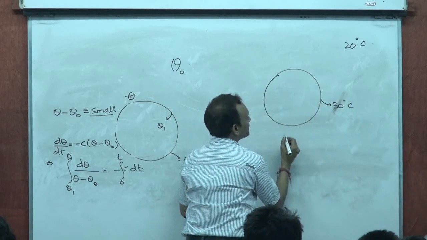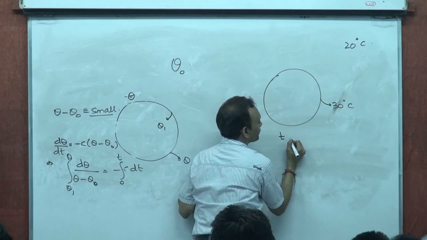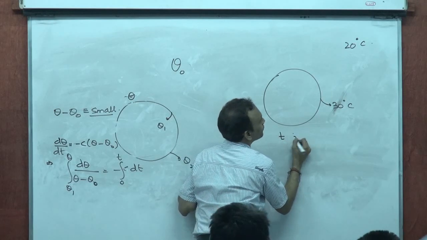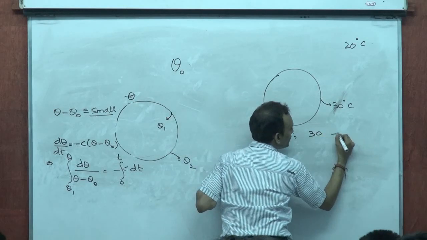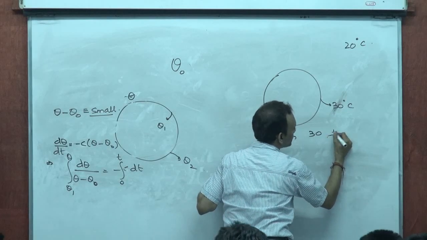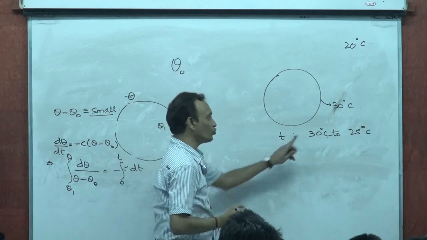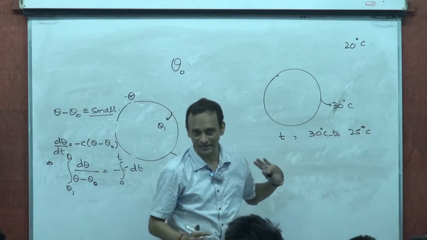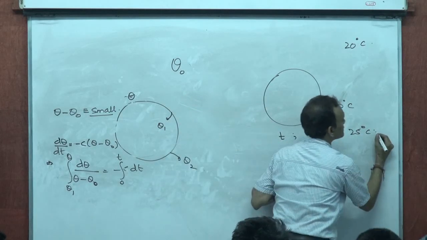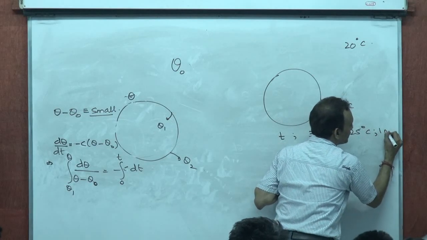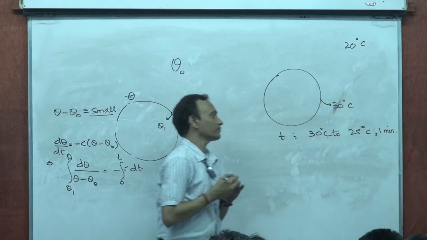And they say the time taken by this body to cool from 30 degrees centigrade to 25 degrees centigrade is, say, 1 minute.